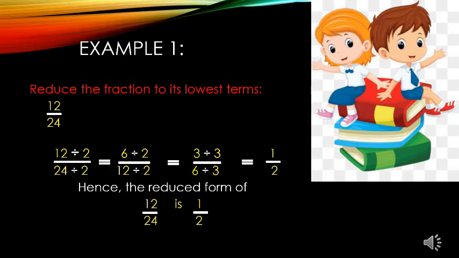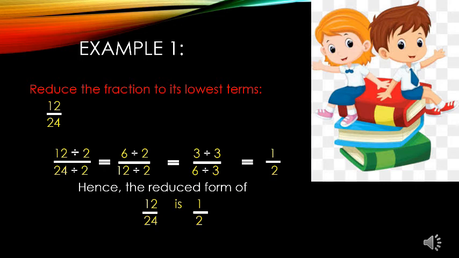Therefore, on dividing 6 and 12 by 2, we obtain the fraction 3 by 6. Now again, we need to think of a number that divides the fraction 3 by 6 by the same number.